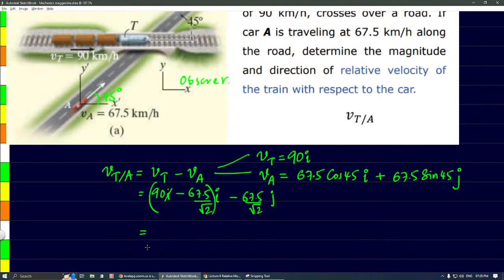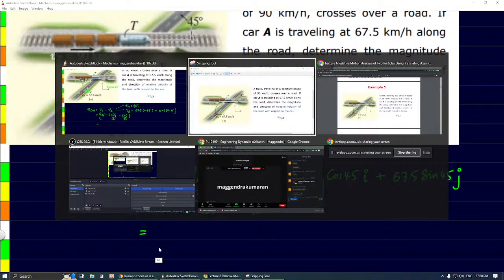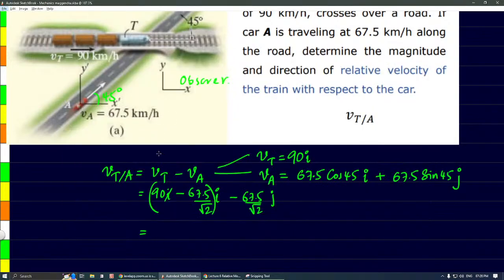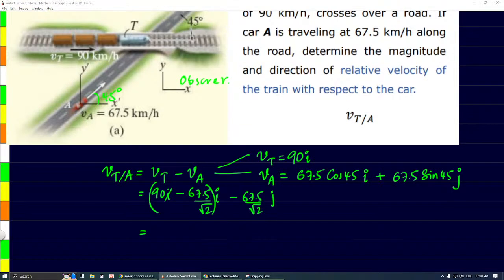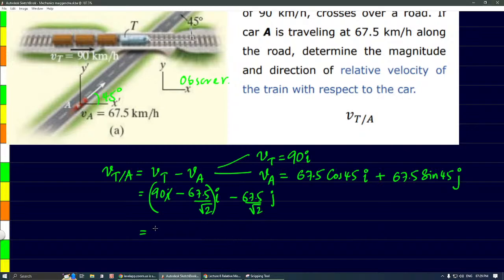What do we get? 90, sorry, find the value in decimals. 42.27 i minus, calculate this as well.